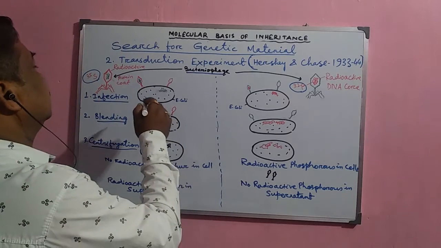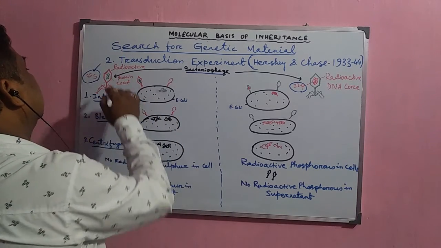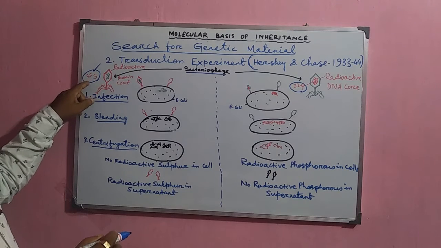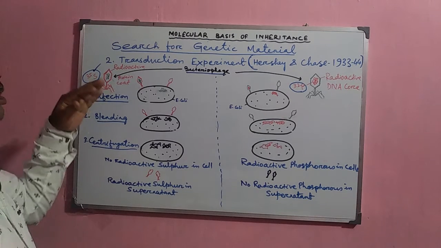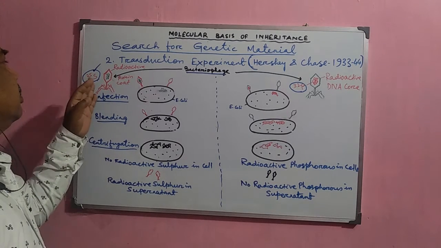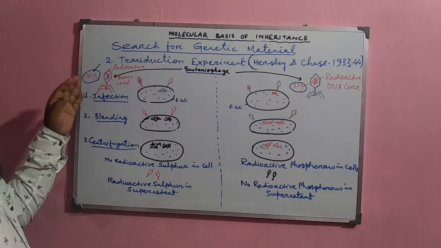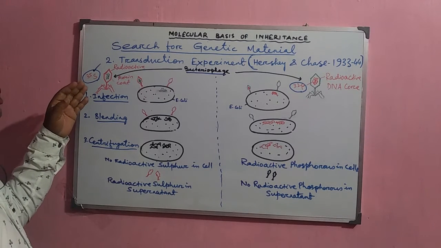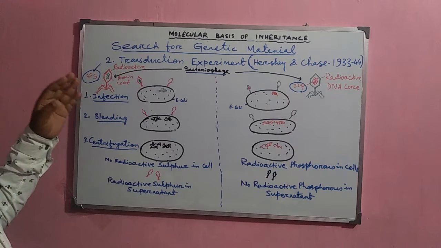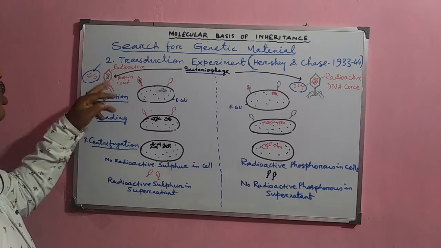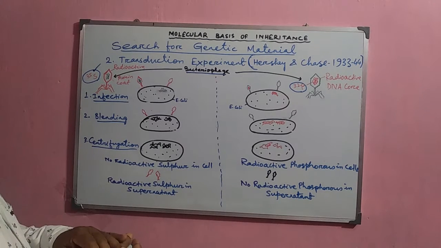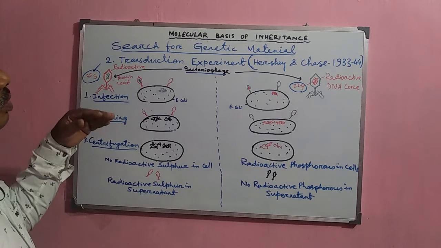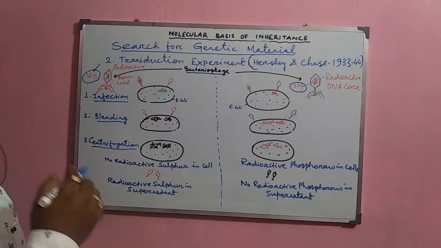The first was cultured in the S35 culture medium, that means the medium containing sulfur 35. Sulfur 35 is a radioactive chemical which is normally incorporated into the protein coat, because sulfur is one of the important constituents of protein.